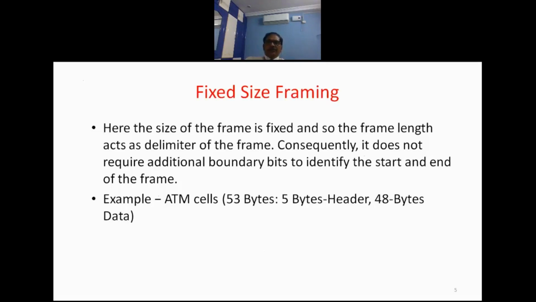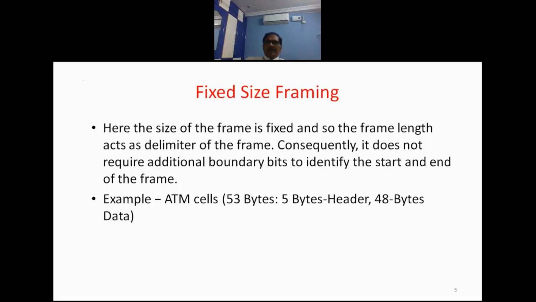For example, with ATM cells, every frame will have 53 bytes. Out of 53 bytes, 5 bytes are the header and 48 bytes are the data part. So every ATM cell moves from sender to receiver with 53 bytes only.